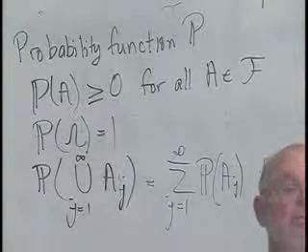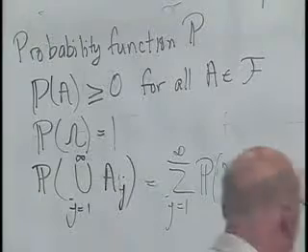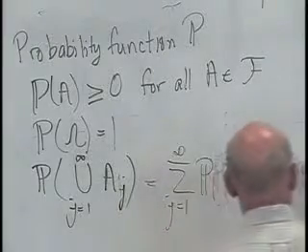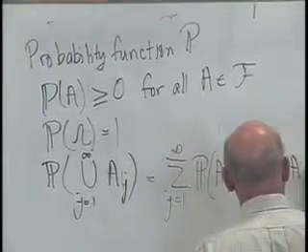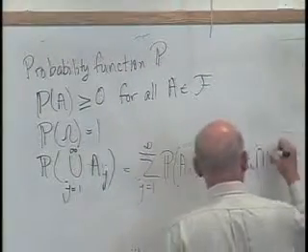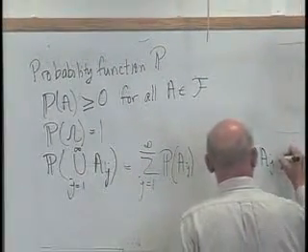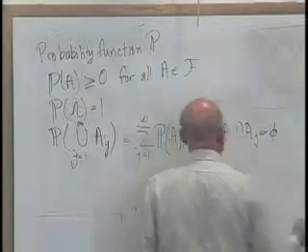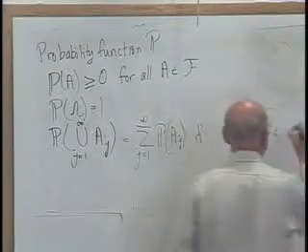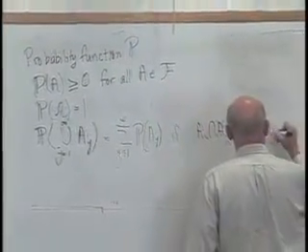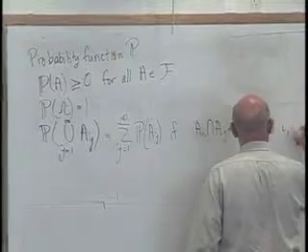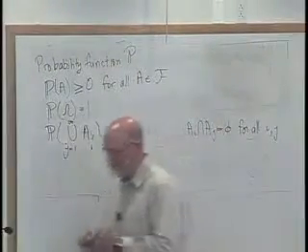Disjoint. They have to be disjoint. So this is true only if A_i intersect A_j is the null event for all pairs i and j.